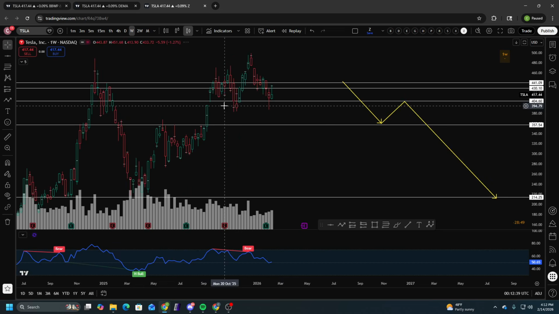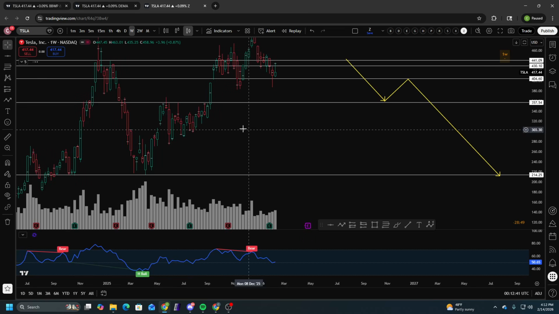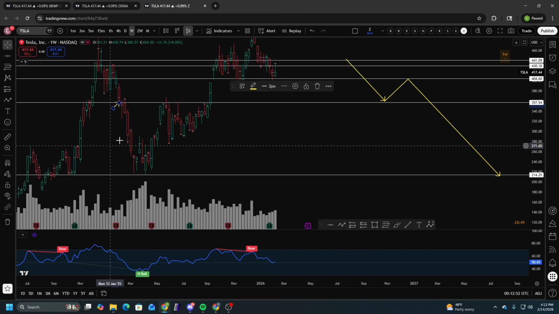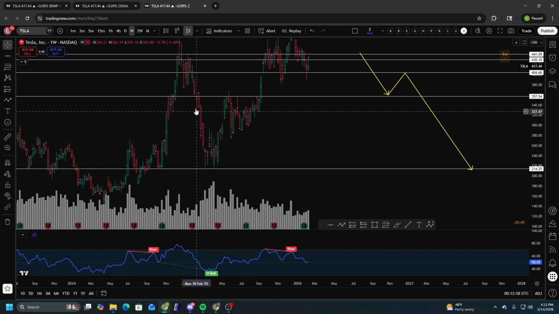And this was because this was a local failure here that took you all the way down here to make a low lower than this low. Okay? So if we lose this level, the probability is that we will make a low lower than this low if we're losing this level here. Why? Because everything else is tested. This is tested.